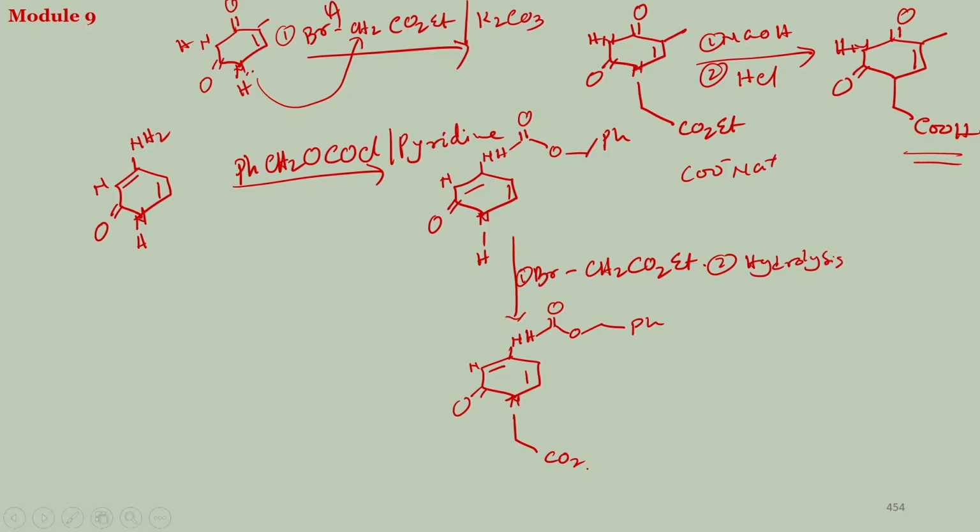So, this will become your acid. You will have this for the cytosine. These are the pyrimidine bases.